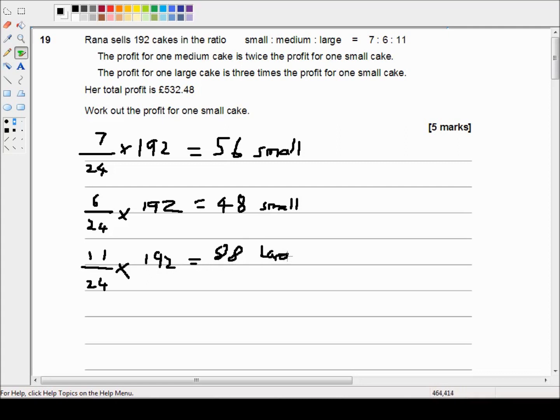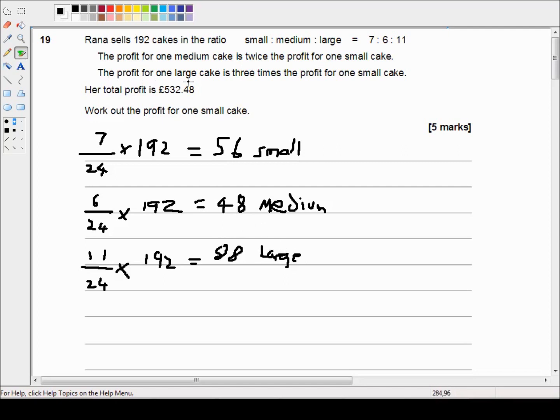And why did I write small when I should have written medium? Silly me. That's medium. Okay, so she sold 56 small cakes, 48 medium cakes and 88 large cakes.